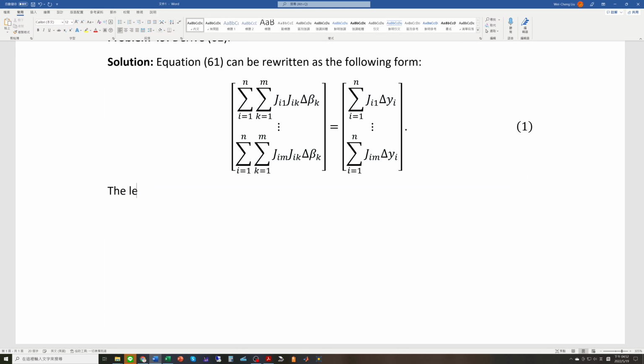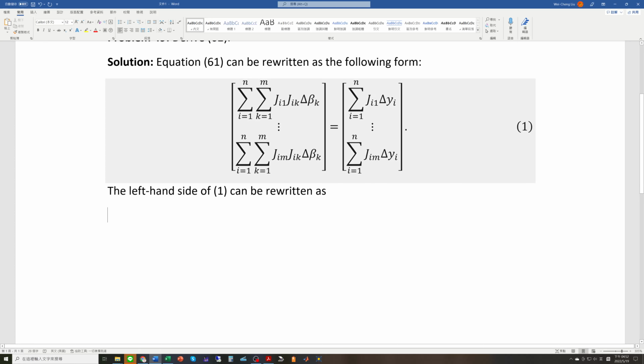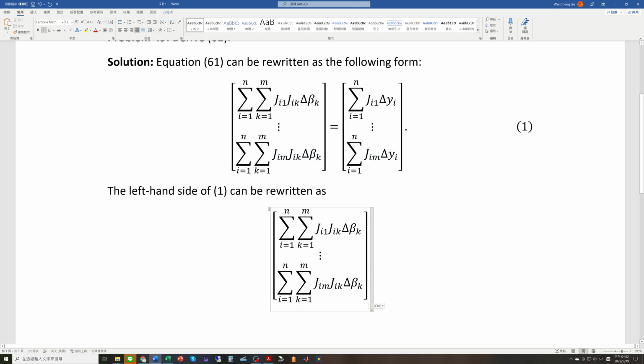So the left hand side of equation 1 can be rewritten as, okay, let us copy this vector and paste here, like this. So first we note that Ji1 does not depend on k, so we can move Ji1 out of the second summation, like this.